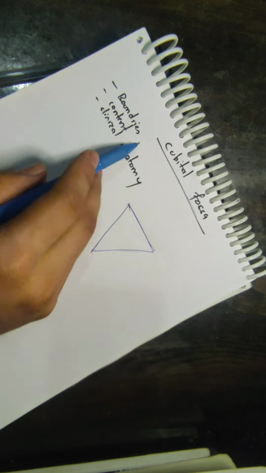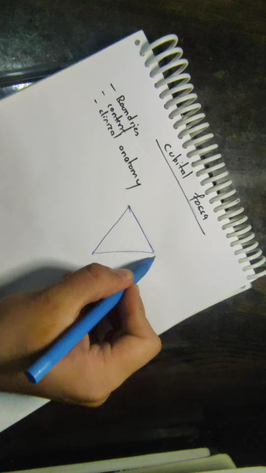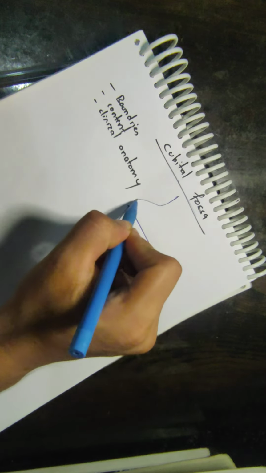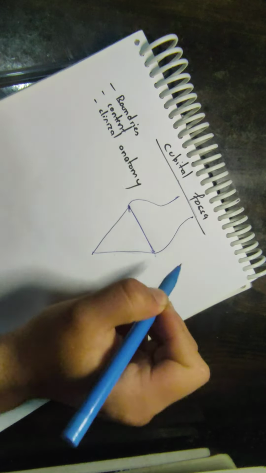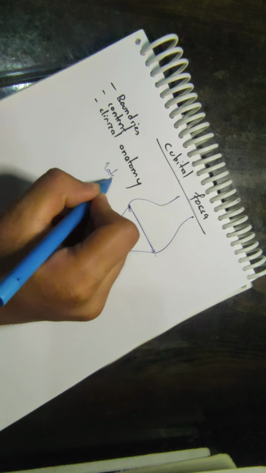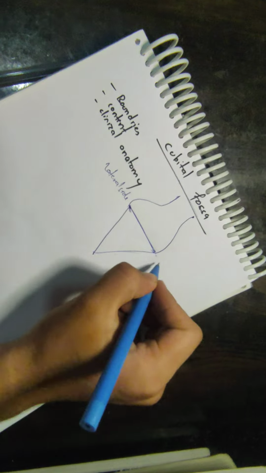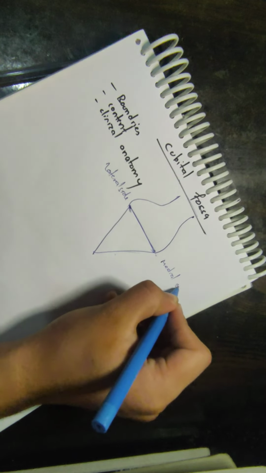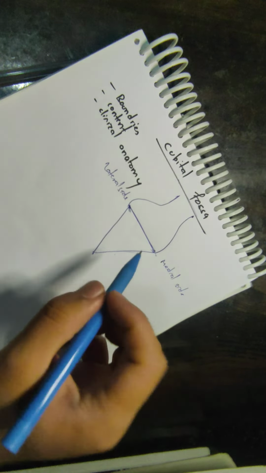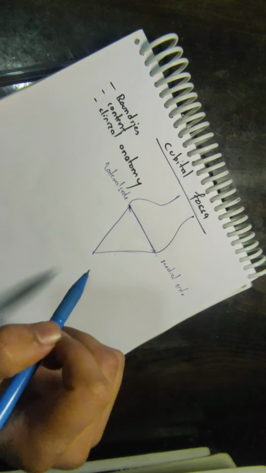So talking about the boundaries of the cubital fossa, the base is the elbow joint. The upper part is formed by the humerus, and the lower part is formed by the radius laterally. If we take this as the lateral side, this is the medial side. The medial side is formed by the ulnar bone, and the lateral side is formed by the radial bone.